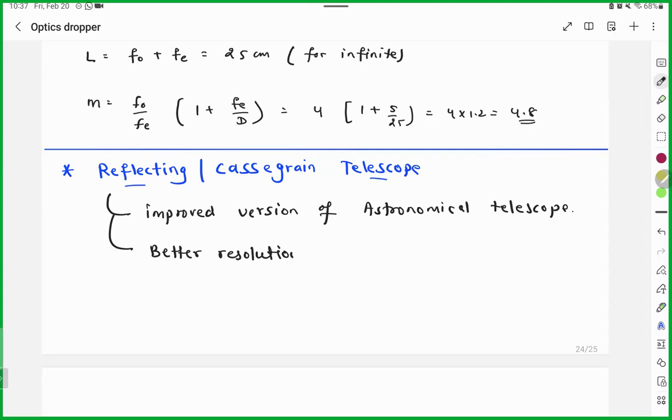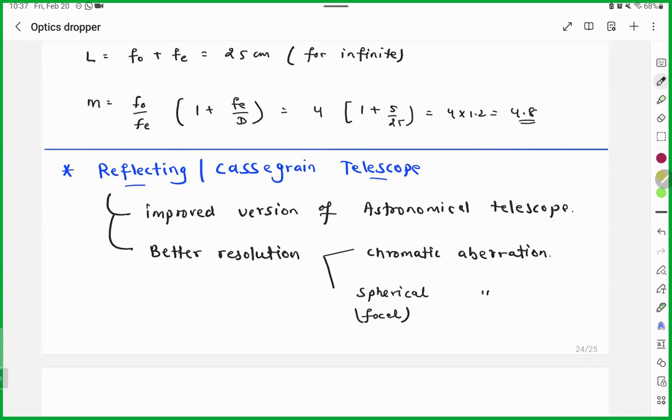Resolution. Here you can eliminate chromatic aberration. Chromatic means color. Aberration means any abnormality. So the color abnormality faced in the astronomical telescope can be eliminated by this method, or if the focal length is changing, you can eliminate the spherical aberration or focal aberration.